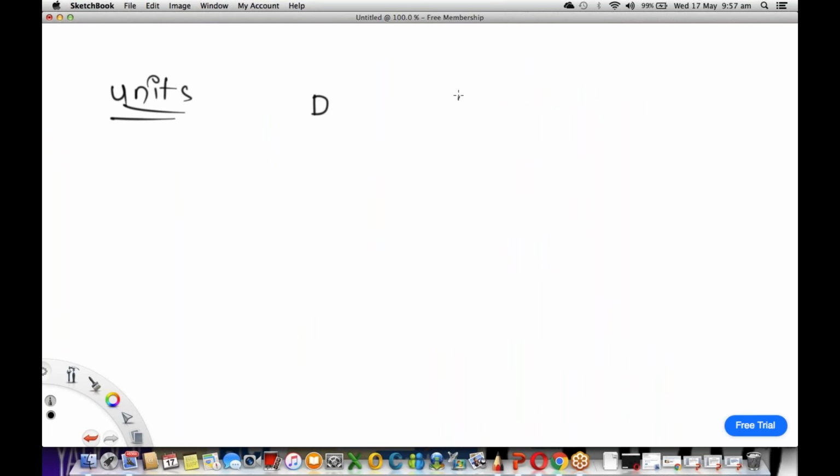For distance, time and speed, in SI units I can find the distance in kilometers, that's the unit for distance. If I want to find the time, I will find it in hours.